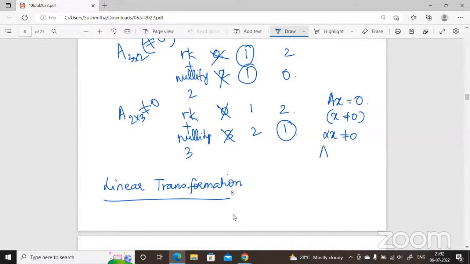What is A times alpha x? This is alpha times A times x. Alpha is just a scalar, and x is already a solution to this system, so alpha times 0, so 0.